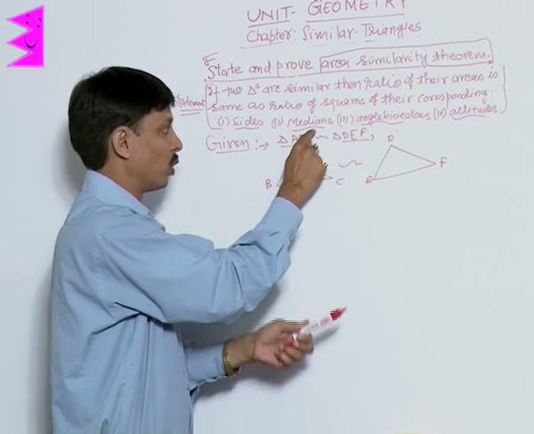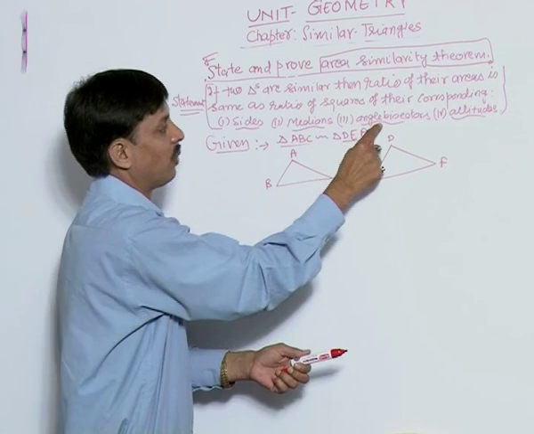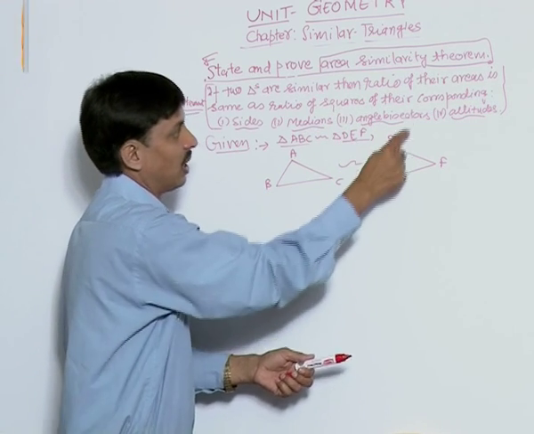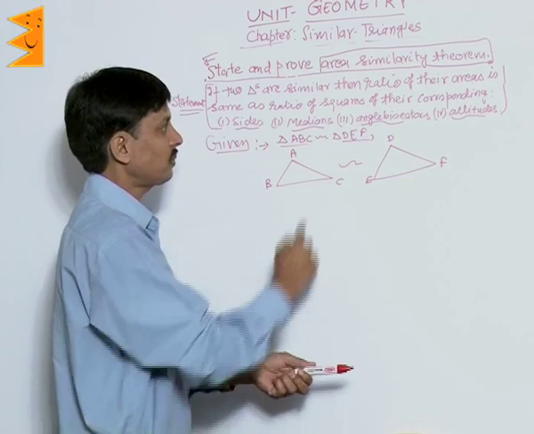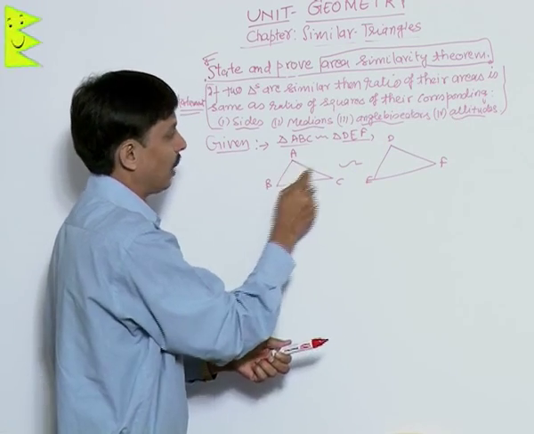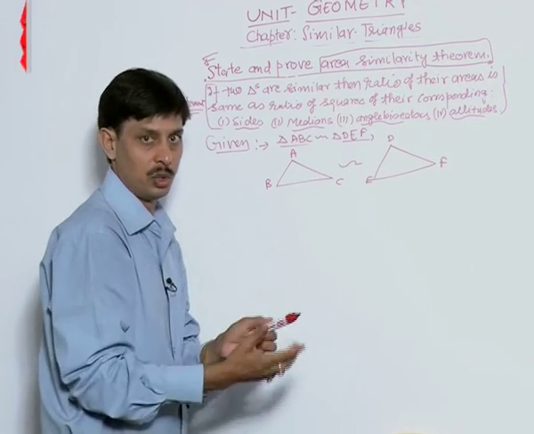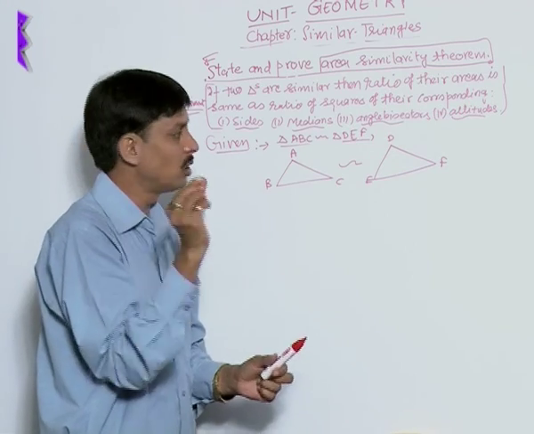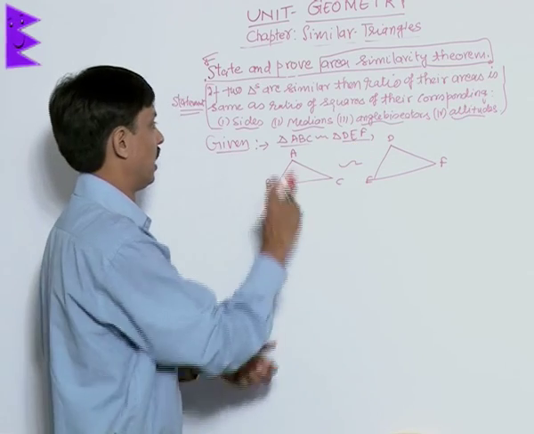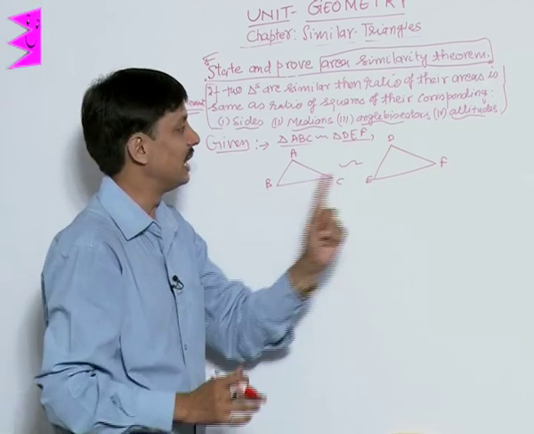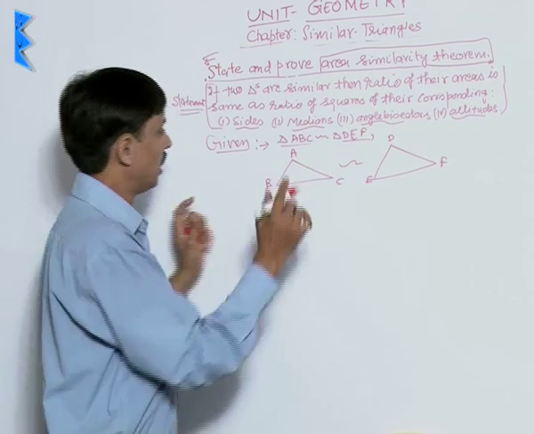If I want to prove the third part, I will write AM and DN are angle bisectors. If I want to prove the fourth part, I will write AM and DN are altitudes. So there will be only a small change in writing the given: triangle ABC is similar to triangle DEF. First of all, this is clear.